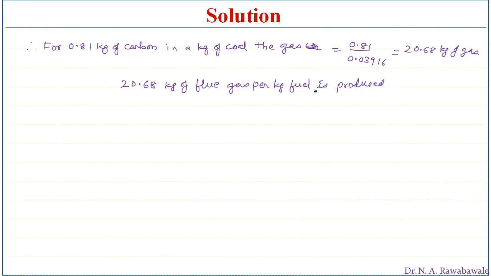Now the flue gas produced is 20.68 kg if we burn 1 kg of fuel.